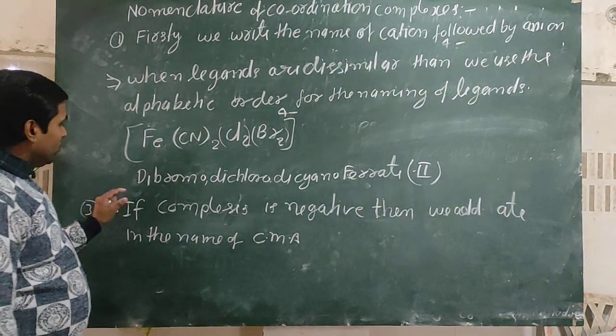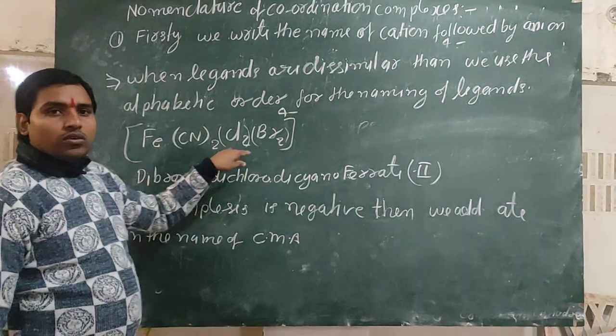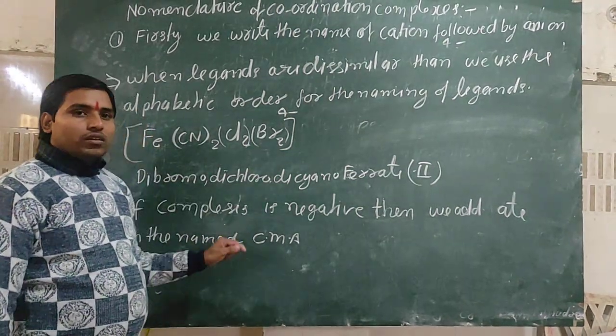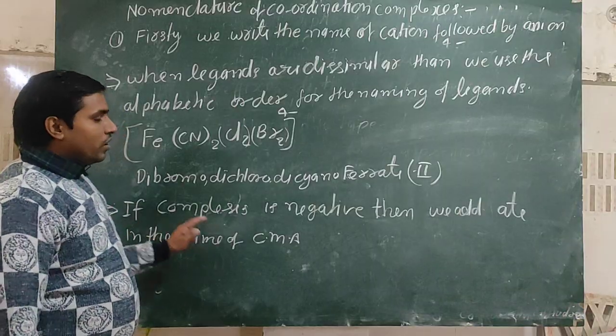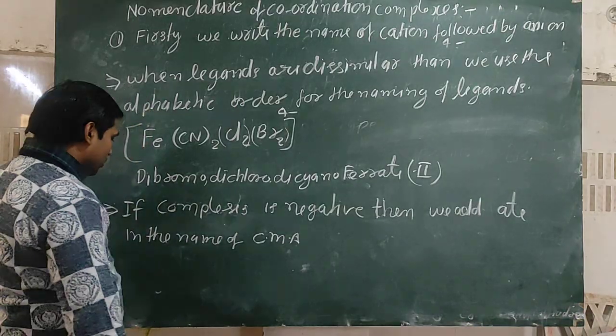But if any complex compound is neutral, then the name of the central metal atom never changes.